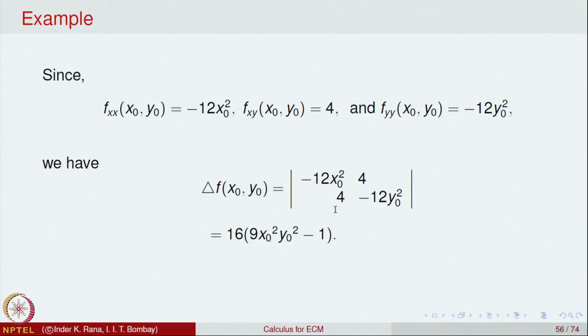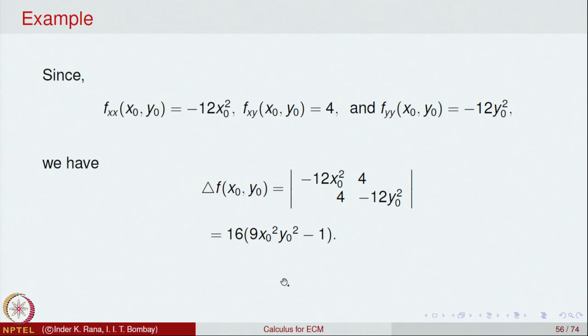The first term in the second row is the mixed partial derivative, 4 again, and f_yy, that is −12y². Once you cross multiply, this gives 144x²y² − 16. 16 is common, so it is 16(9x²y² − 1).